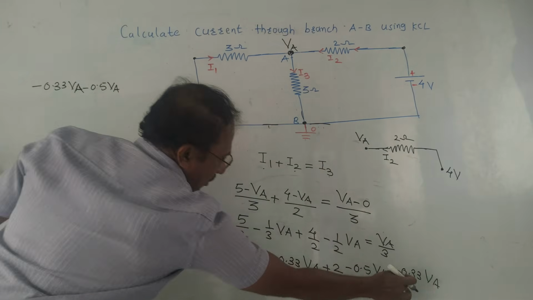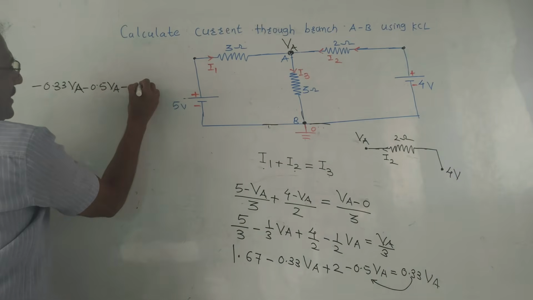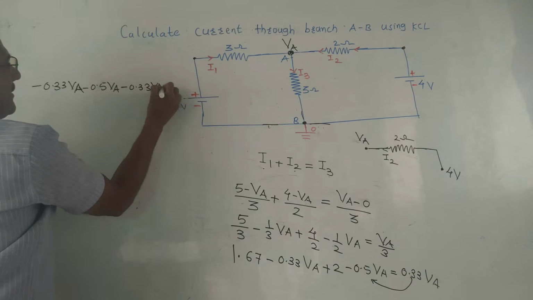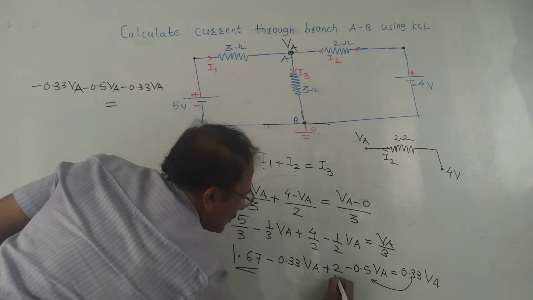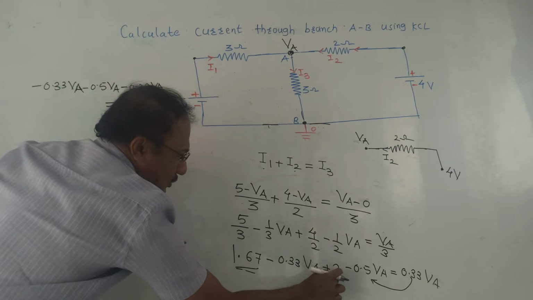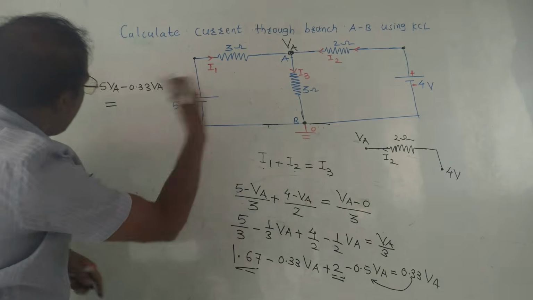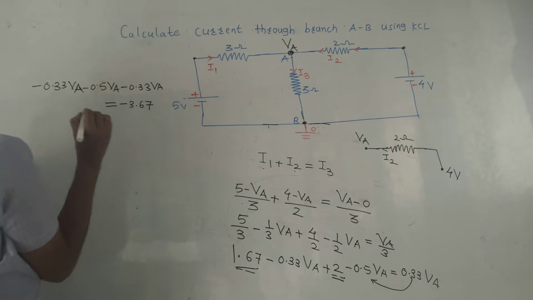Next, I have to take this term towards the LHS, so it becomes minus 0.33 VA is equal to these constant terms. There are two constant terms. I will add these two terms, 1.67 plus 2 becomes 3.67, and I will transfer it to the RHS. So it is minus 3.67.